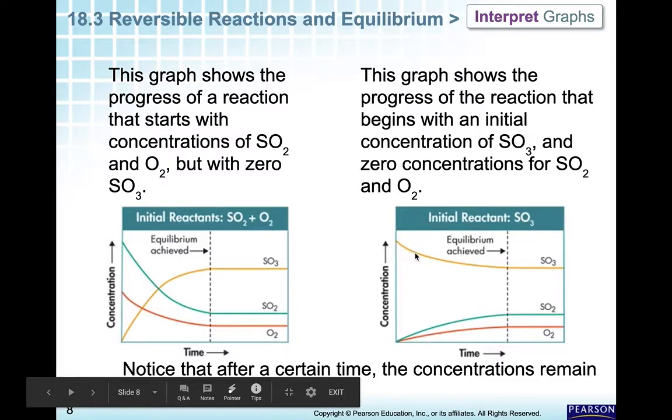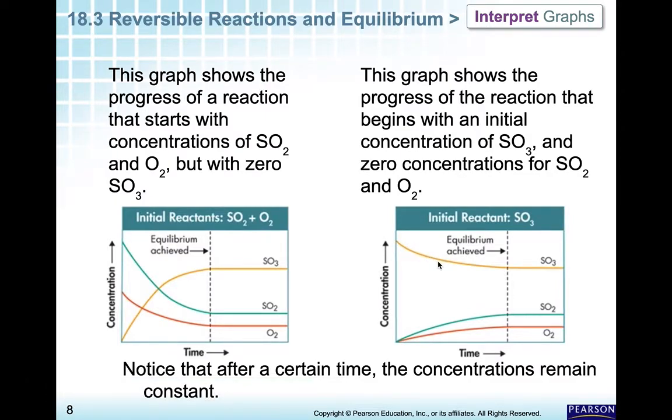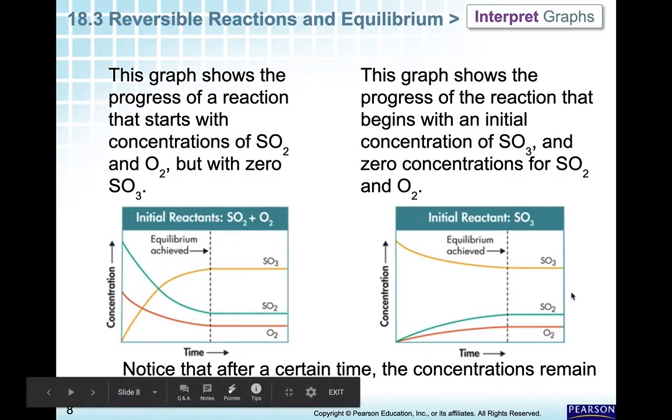And as it decomposes, we have less of it available. That decomposition slows down until we reach the same concentration level as before. So it didn't matter if we started on the product side or the reactant side. We reach the same equilibrium levels of these three substances.